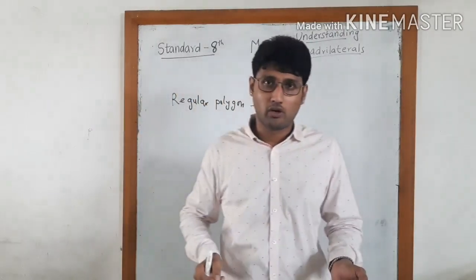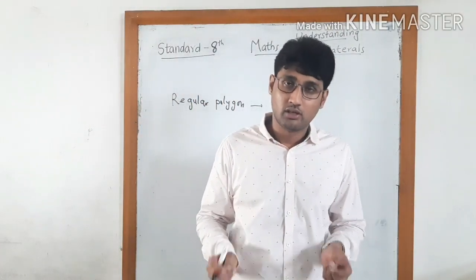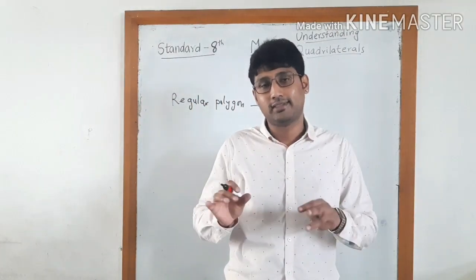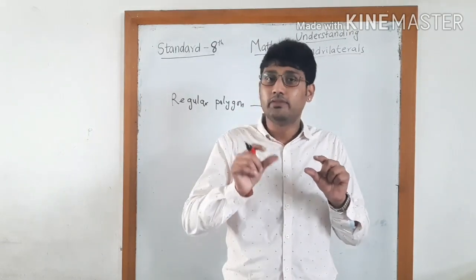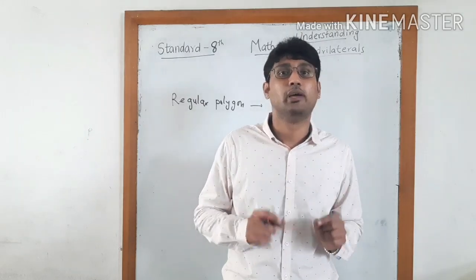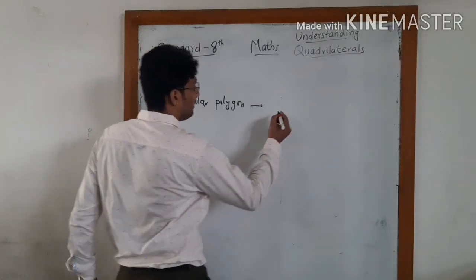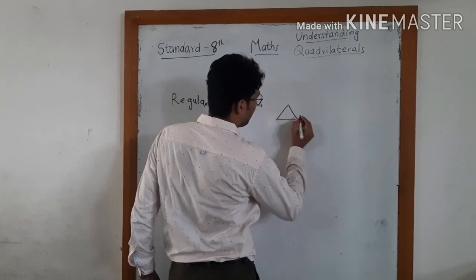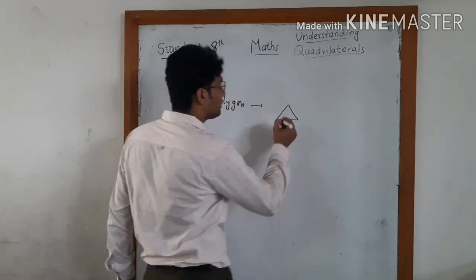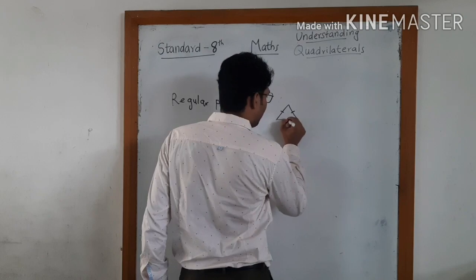A regular polygon is a polygon in which all the sides are of equal length and the angles which are formed are of equal measure. For example, an equilateral triangle means all the sides are of the same measure.